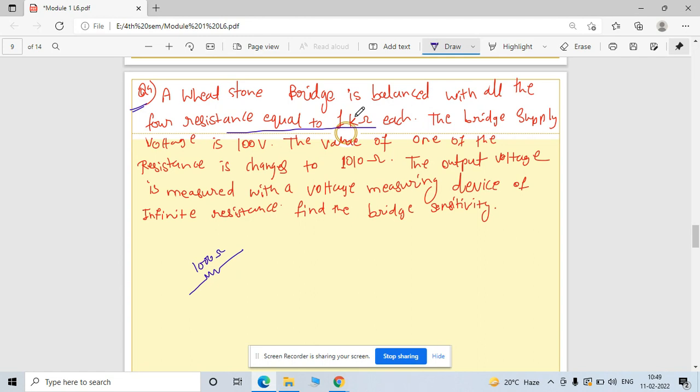Each arm contains 1 kilo ohm resistance, which is nothing but your 1000 ohm resistance. So I consider this 1000 ohm. This is your 1000 ohm resistance.